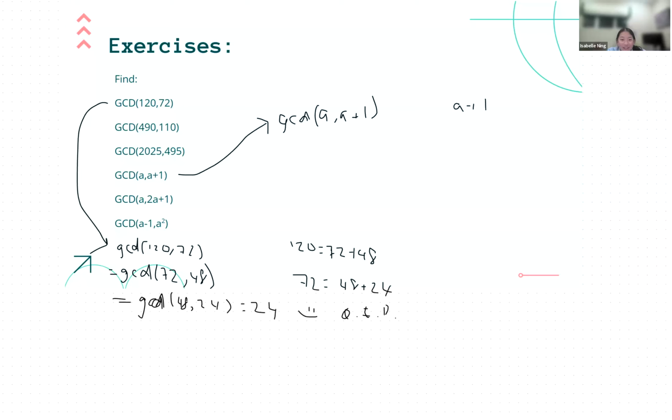Therefore, it equals, oh, wait. Which equals the GCD of a and 1, which equals 1. Yeah, Sophie, we're covering the Euclidean algorithm right now.